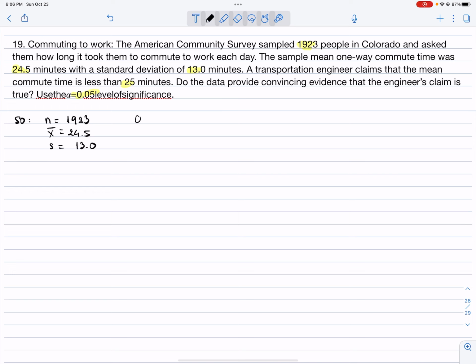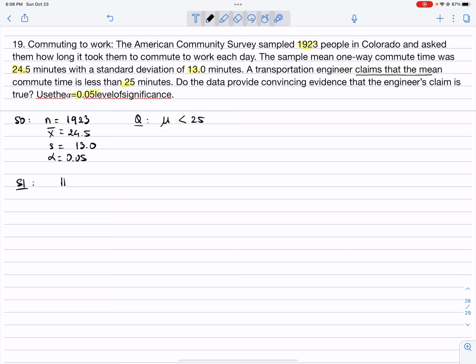The transportation engineer claims that the mean, and when we use the mean under the claim, we always use the population mean, is less than 25. And we want to use alpha 0.05.